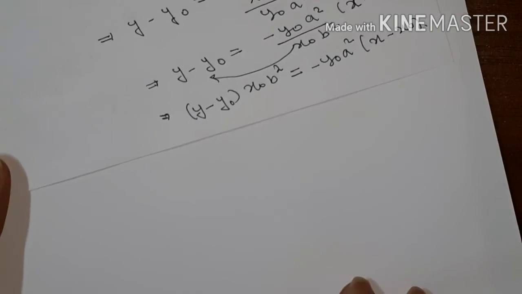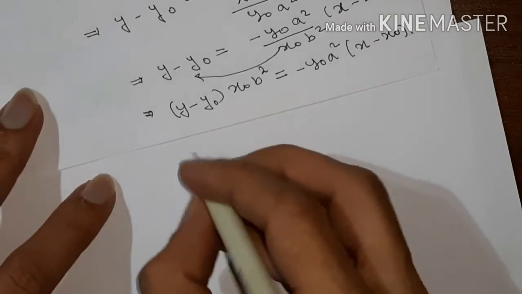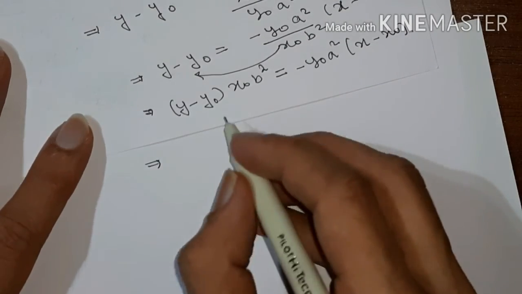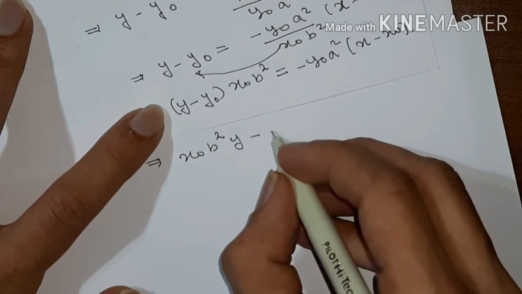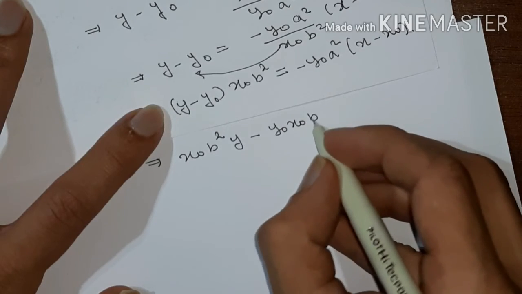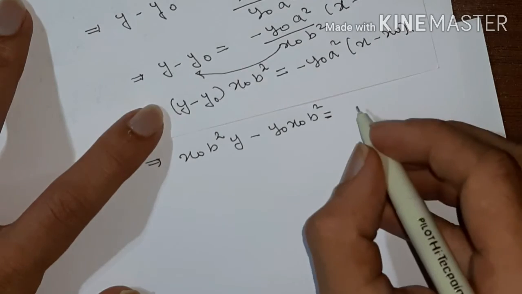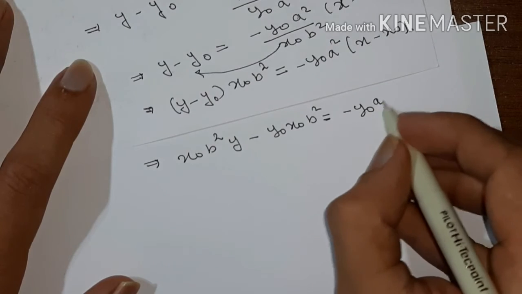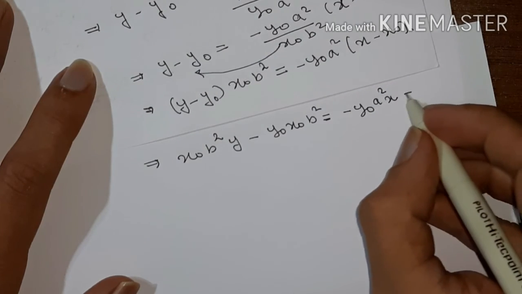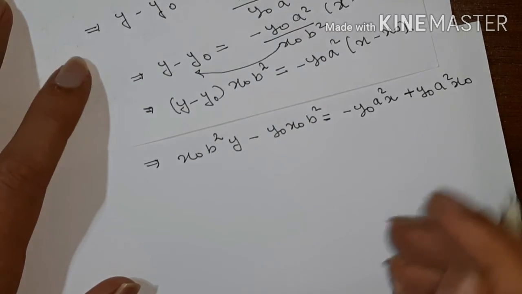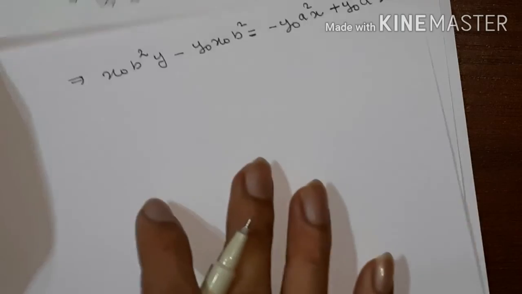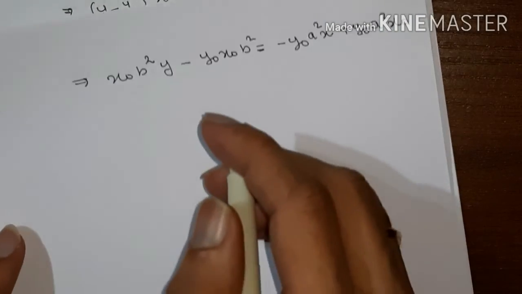If we multiply this inside, we will get x₀b²y − y₀x₀b² equal to −y₀a²x + y₀a²x₀. Okay, this is what we will get.